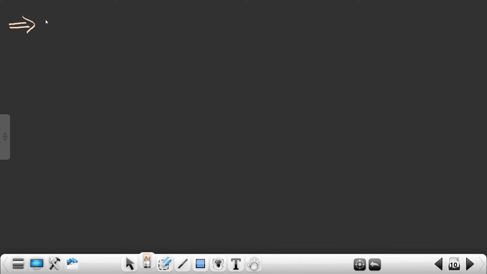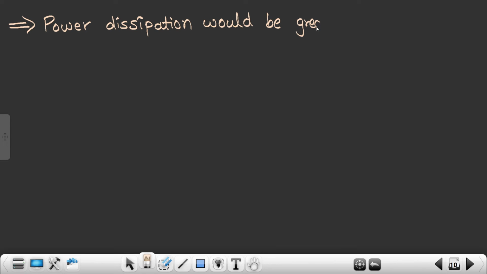First of all, let me write it this way: power dissipation would be greater, or would be maximum, in the case of BJTs.